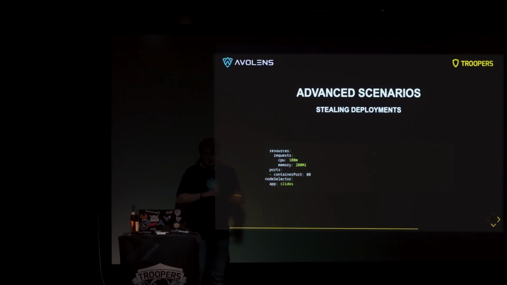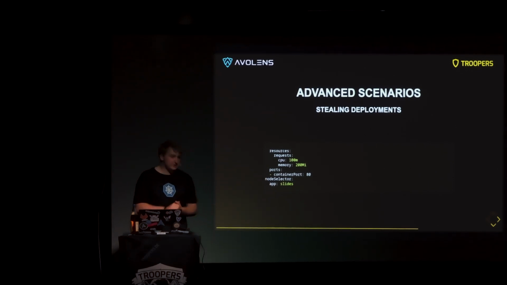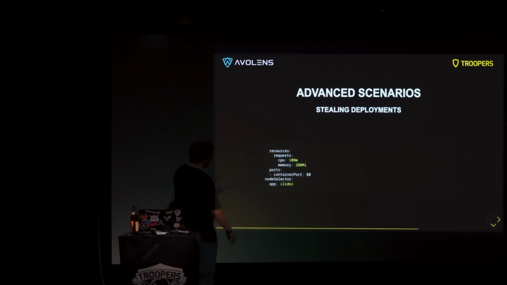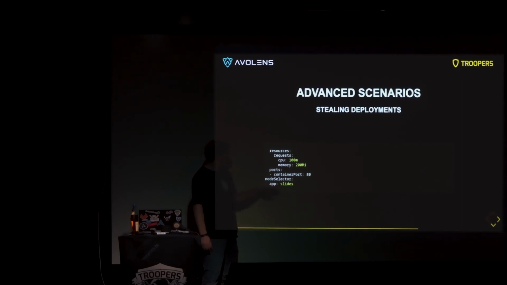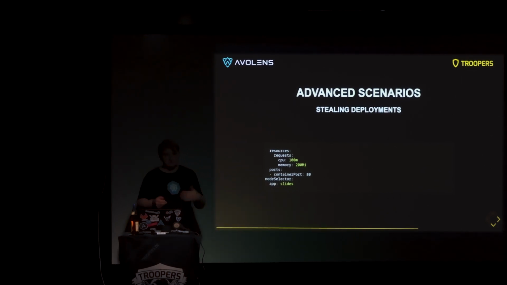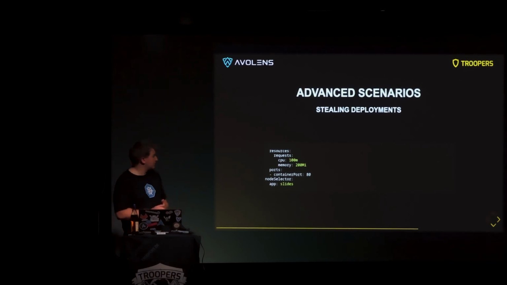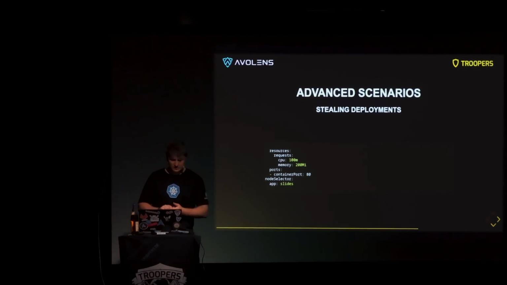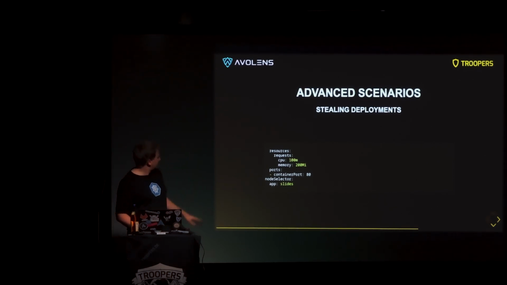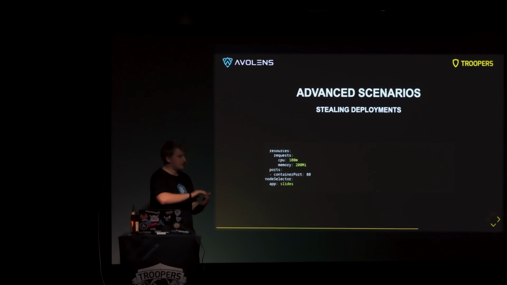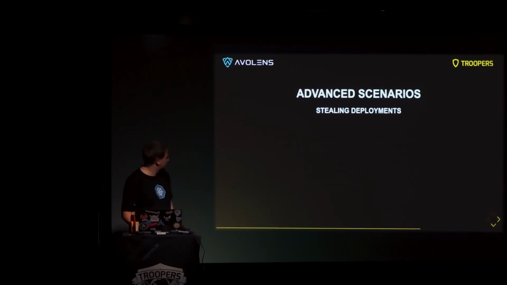The node selector I'm currently using for my talk is app slides, to deploy slides on, I think, the worker 2 node. We look at the node selector app slides, and we will abuse this one to get the deployment scheduled on the right node.